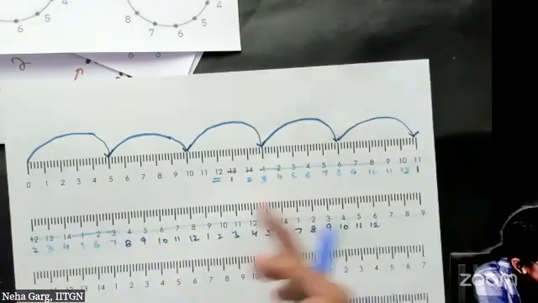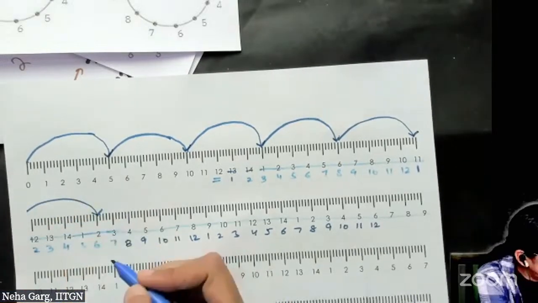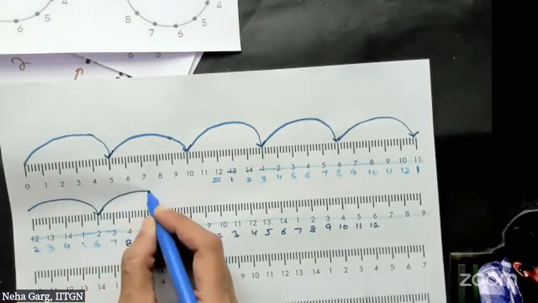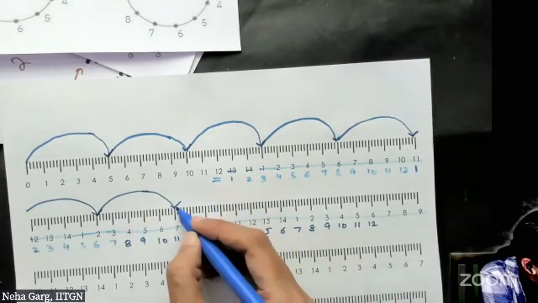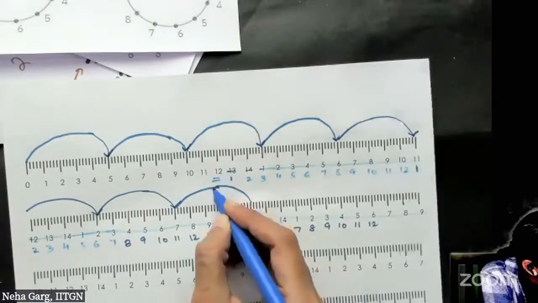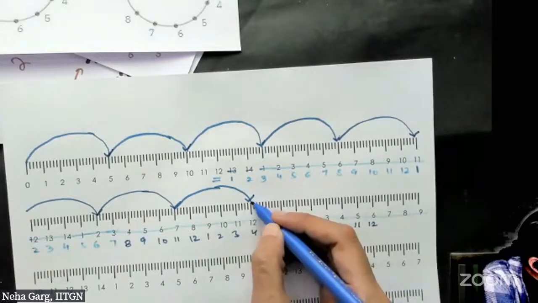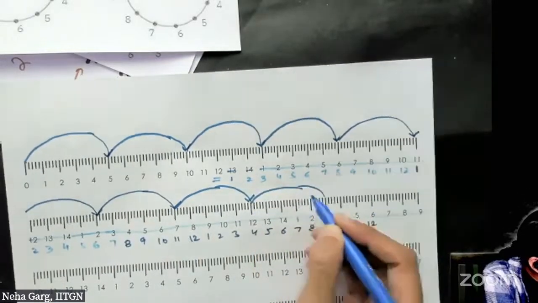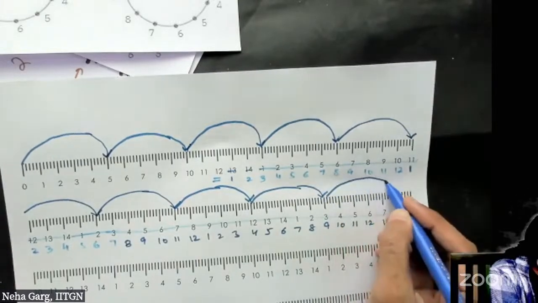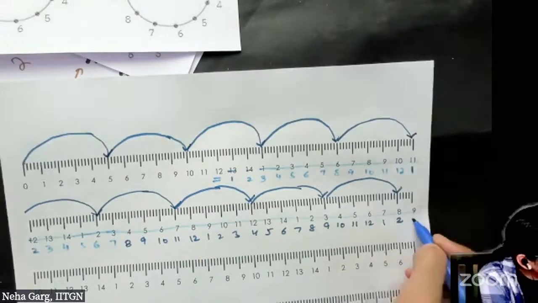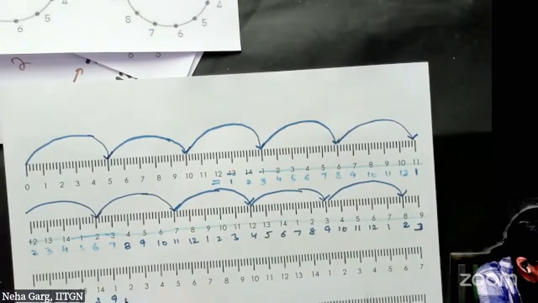Then 1 plus 5 is 6. So I will come here. Okay. 6 plus 5 is 11. 11 plus 5 is 16, which will be 4. 4 plus 5 is 9. 9 plus 5 is 14, which will go to 2.